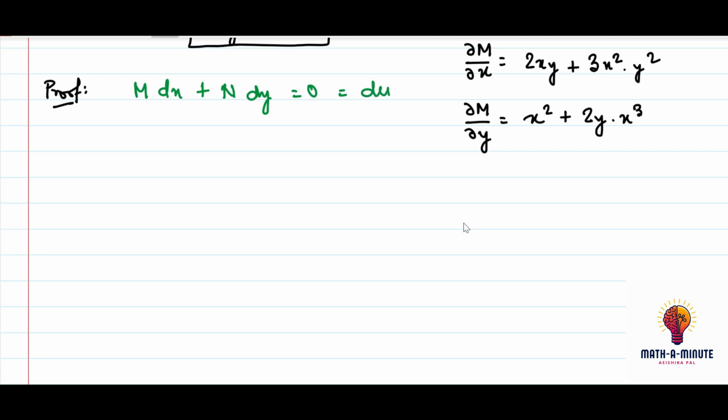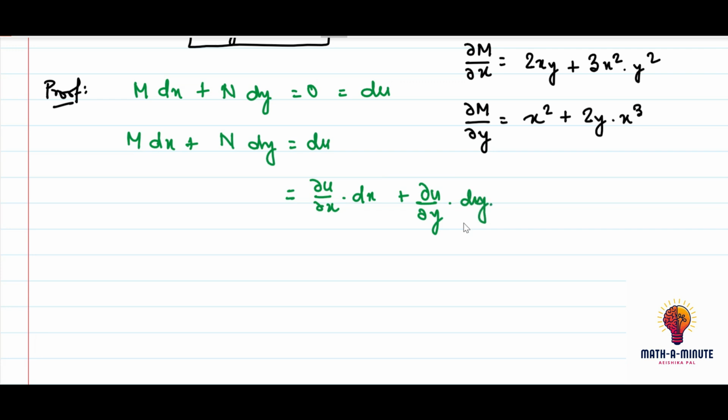Okay, so we can write M dx plus N dy equals du. It's basically the total derivative of u. If you have the basic idea of calculus, we know how to calculate the total derivative. It's basically del u del x into dx plus del u del y into dy.